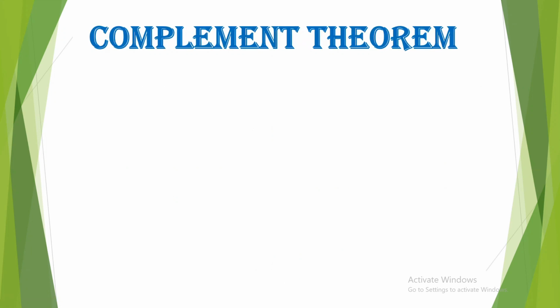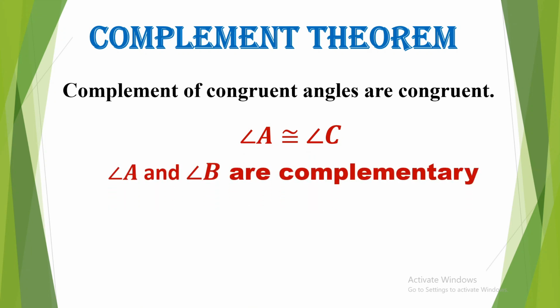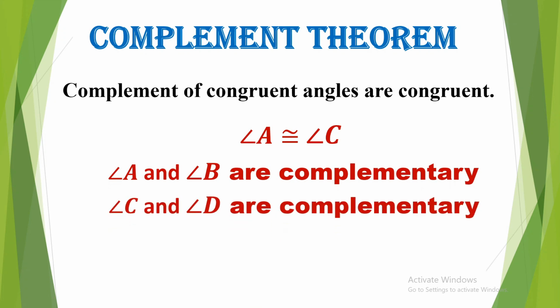If we have the supplement theorem, we also have what we call the complement theorem, which states that complements of congruent angles are congruent. So given two congruent angles, angle A is congruent to angle C, and angle A is complementary to another angle, which is angle B, and angle C is also complementary to another angle, which is angle D, then we can say that the complements of those two congruent angles are also congruent.